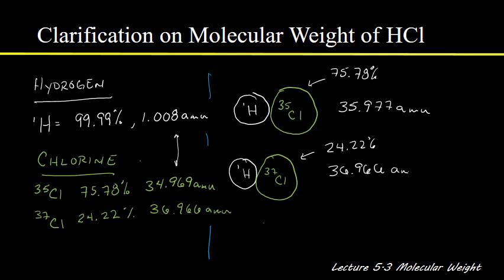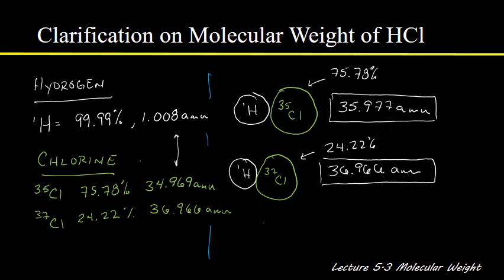And now if you take these two different masses and you calculate a weighted average, which is the same thing we were doing back in the previous section. If you remember when we calculated average atomic masses, those were weighted averages based on these isotopic abundances.